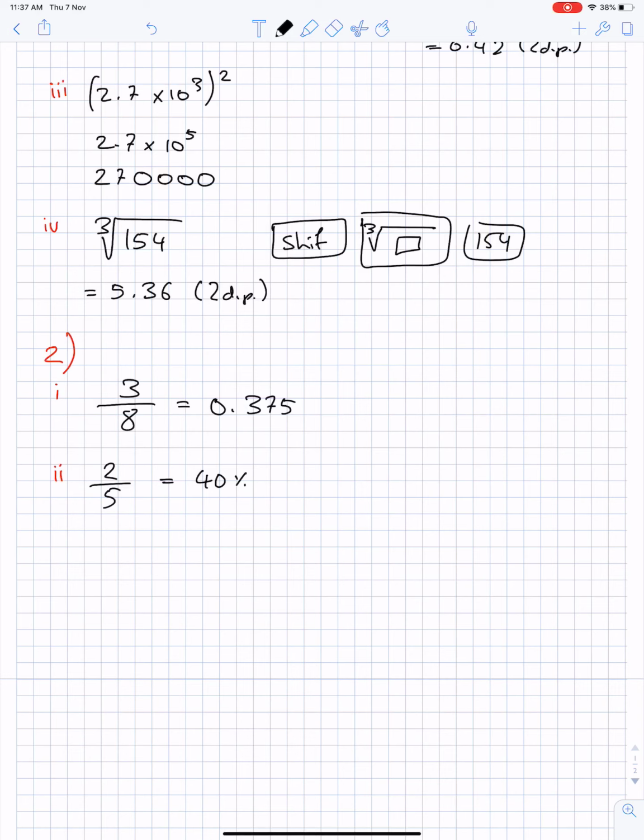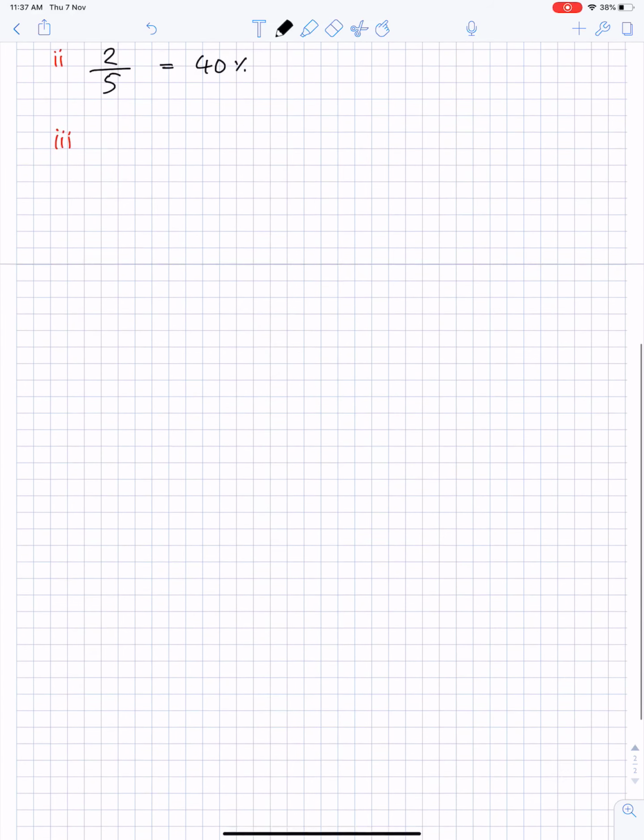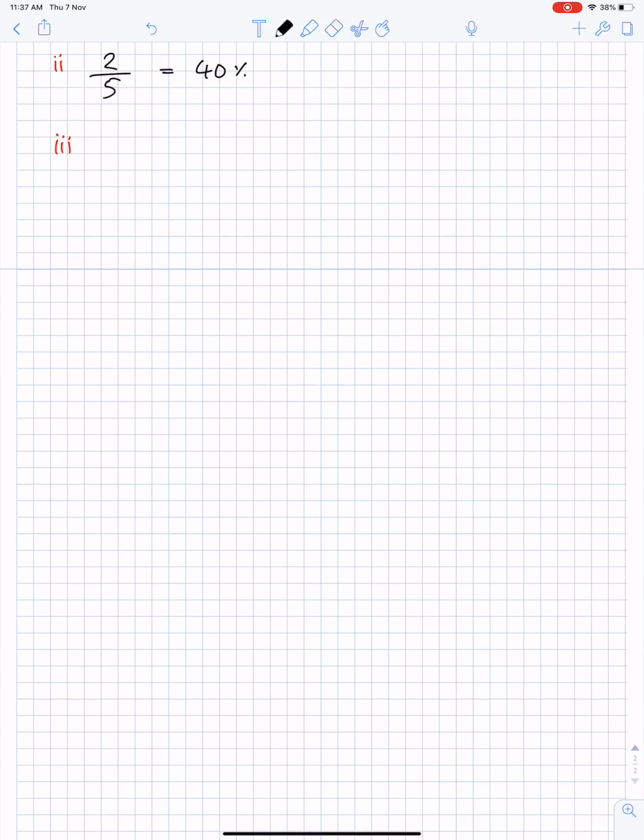All right. And the next one, number 3, is write 0.35 as a fraction in its simplest form. So 0.35 as a fraction would be 35 divided by 100, right? And when it's asking you to write it in its simplest form, you've got to make it the lowest numbers possible.